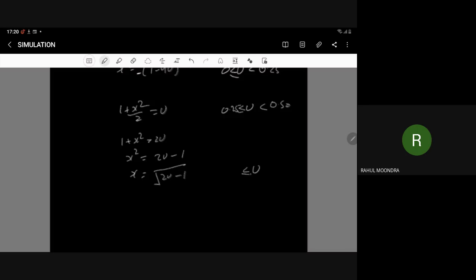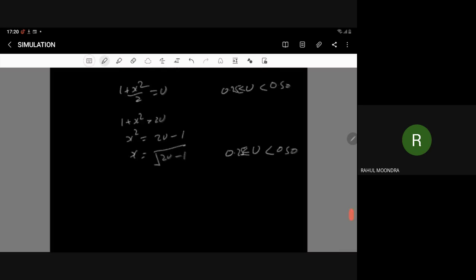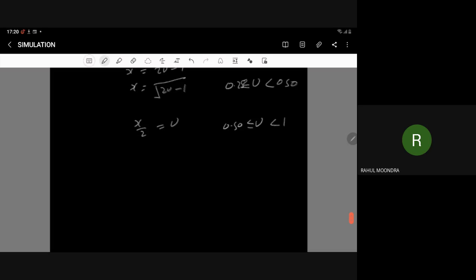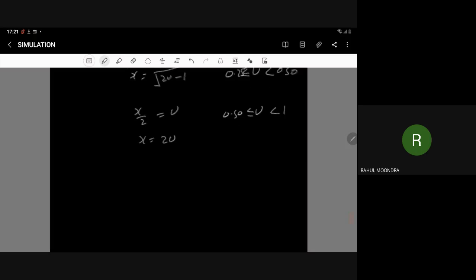That is for the range of u from 0.25 to 0.50. For the range u from 0.50 to 1, it is x by 2, and here we have u3, or u. So x is equal to 2u.